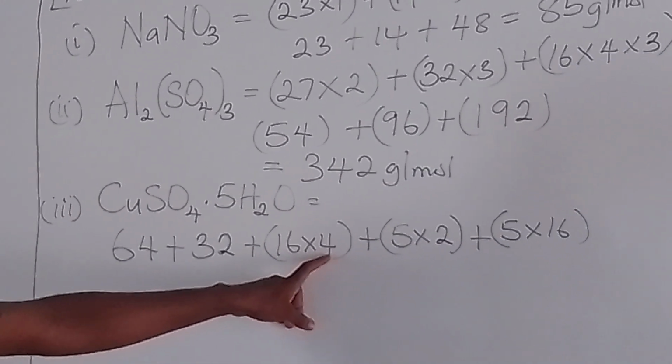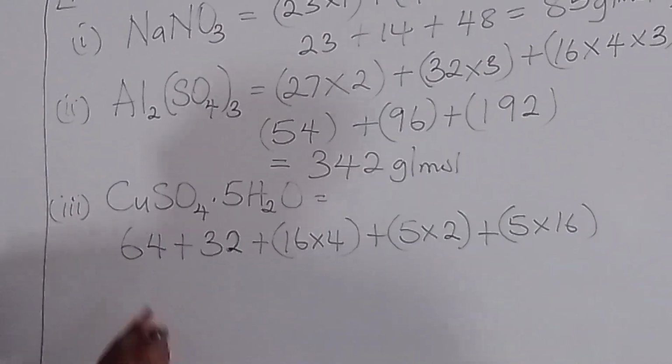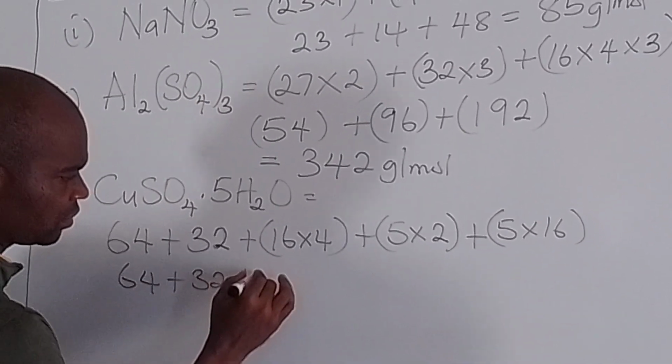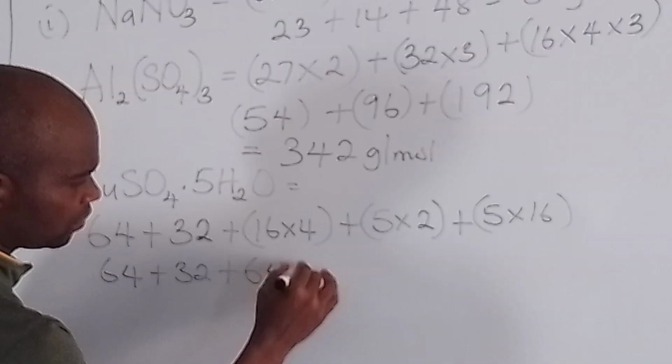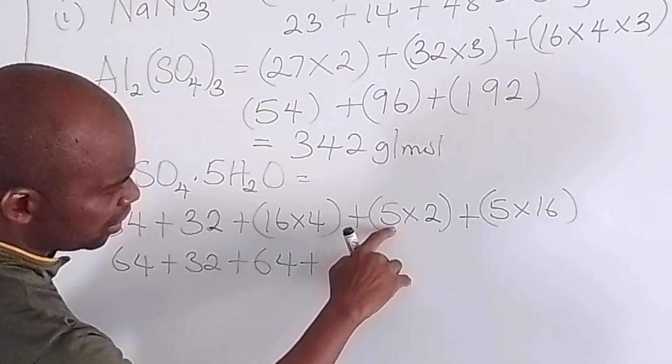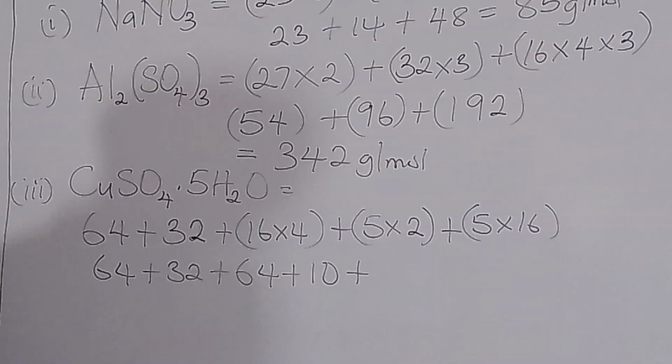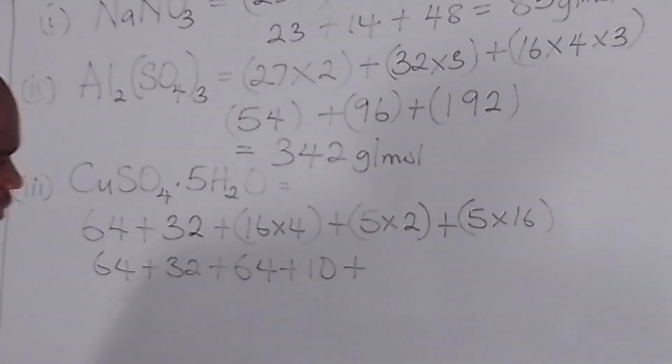16 times 4 will give us 64. 5 times 2 will give us 10. And then 5 times 16 will give us 80.